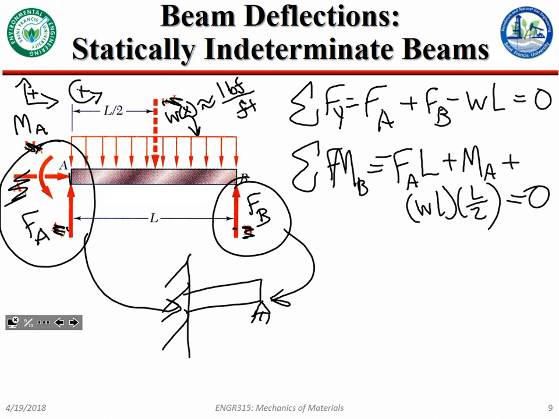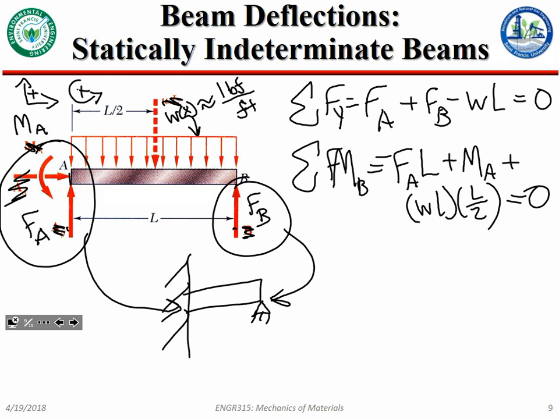How many unknowns do we have here? 3, which is one too many. We only have 2 equations. Are there any other equations that we can make? The answer is, lucky for us, yes. It's just not a force or moment balance on the external structure.